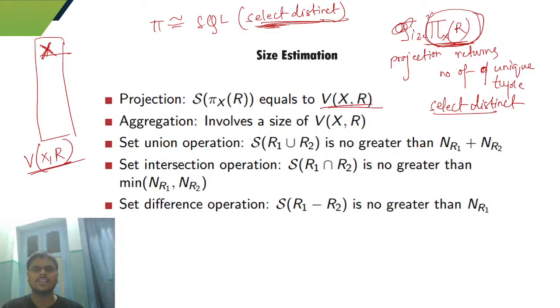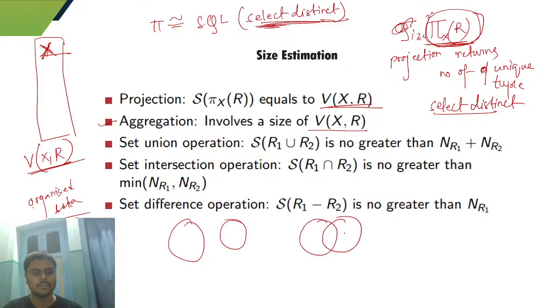And what is aggregation? It involves the size of V of x. This is not a very famous thing. You can skip this aggregation. And the set union is pretty much straightforward. You are having this set and this set. If this is S1 and this is S2, what is your union?